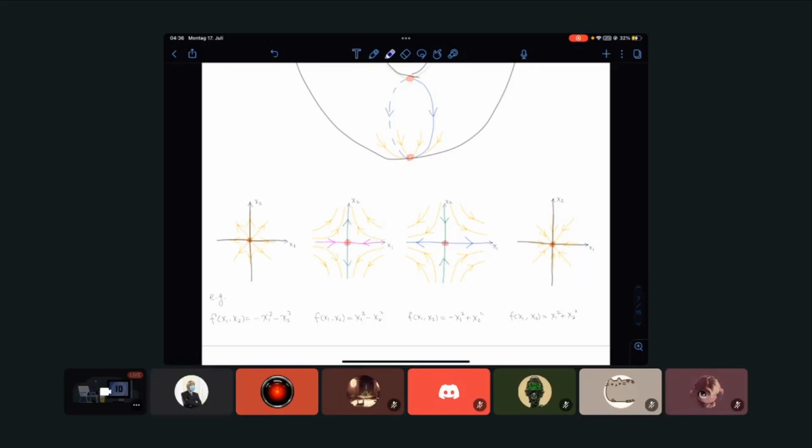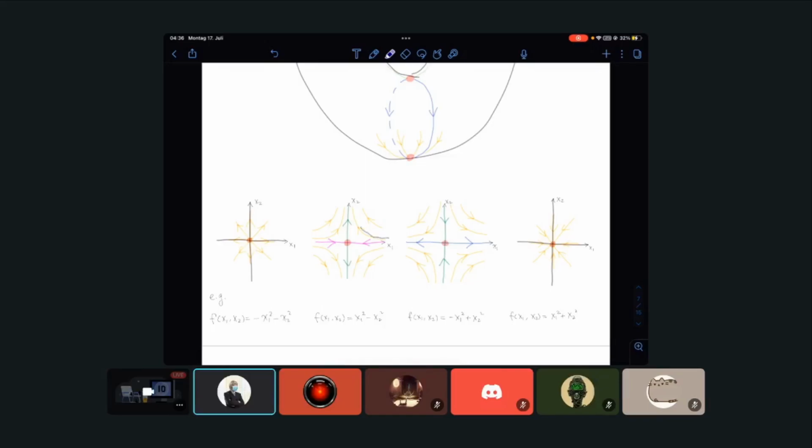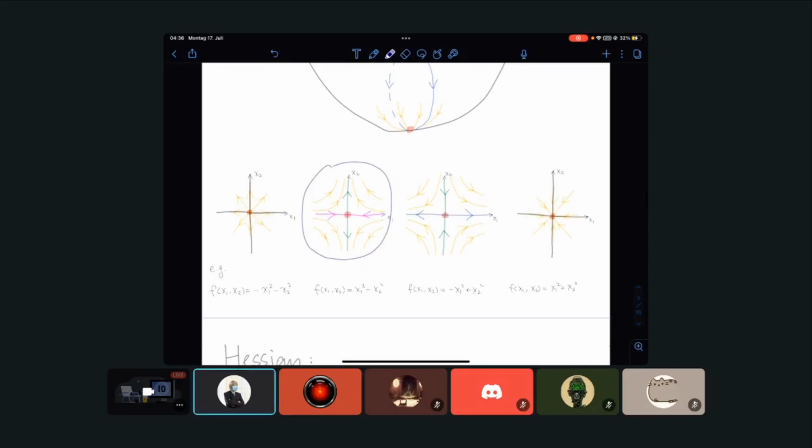Now if we complete the picture, the flows nearby are going to be like this. This one goes out, this one goes in, and then nearby ones go towards the middle, but then go away, diverging like that. So this is how the saddle point looks near the critical point, and a function that represents that is going to be x1 squared minus x2 squared.